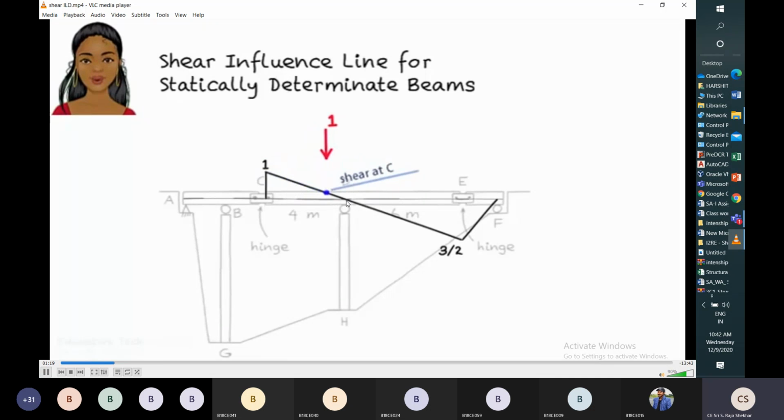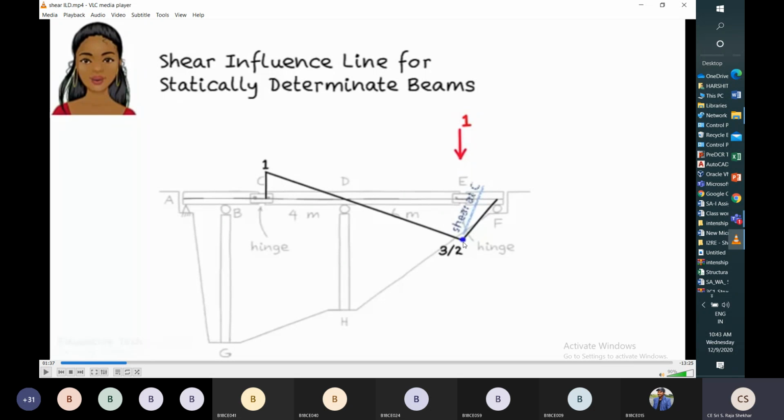When the unit point load reaches D, shear at C will become 0. If the unit point load moves from D to E, shear at C continuously decreases linearly and reaches the maximum negative value, that is 3/2, the maximum value.